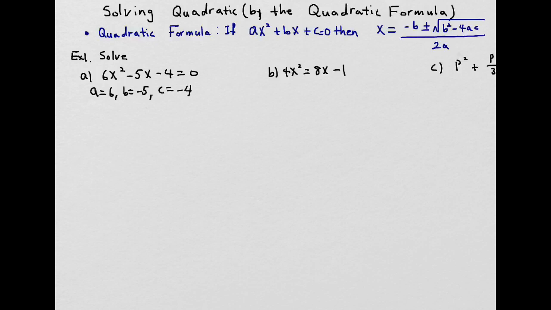We need to take the numbers with signs and plug into the quadratic formula. So negative B plus minus square root of B squared minus 4 times A times C over 2A.